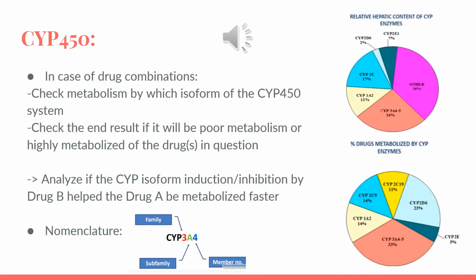Now, this topic is very interesting, actually, because more than 95% of the oxidative reactions are performed by CYP450. Also, about 75% of all drugs currently used in the market are metabolized by CYP450, more accurately by CYP3A4, which is responsible for 35% of the biotransformation reactions.